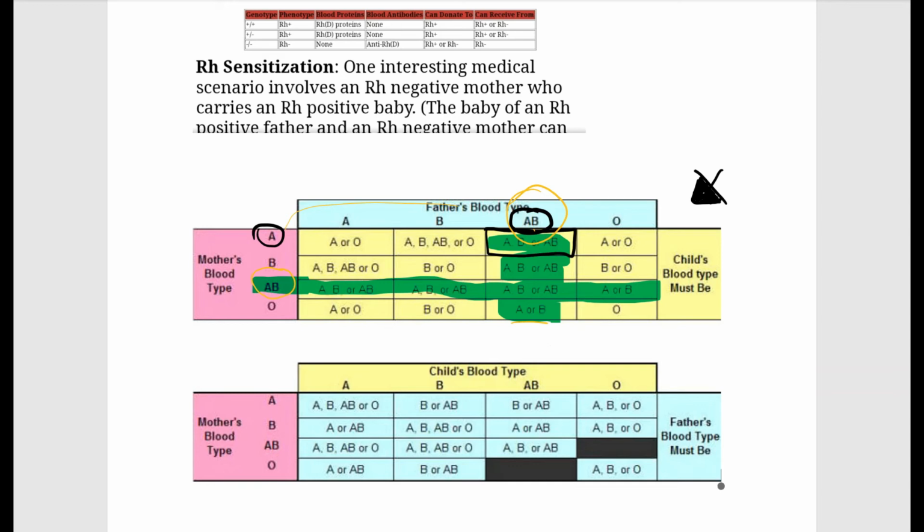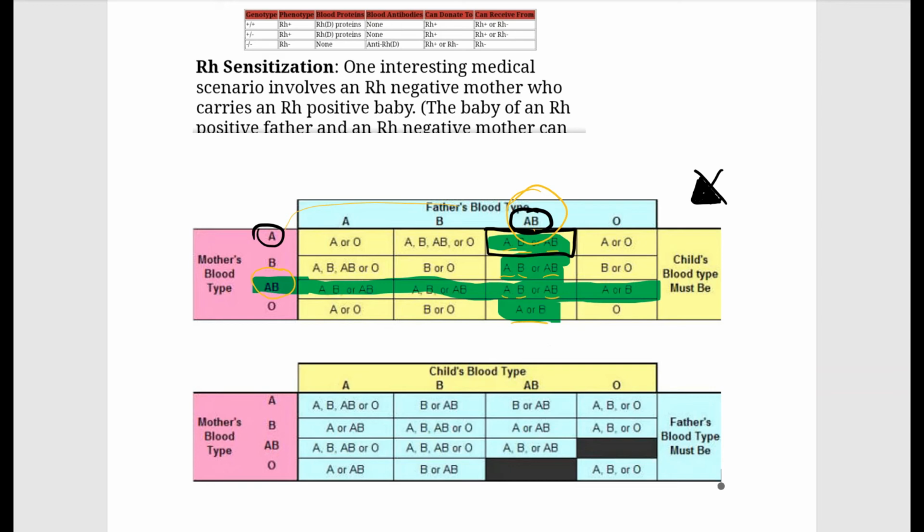And you can see that in almost all the AB interactions, most of them produce those three outcomes: A, B, or AB. A alone, B alone, or AB.